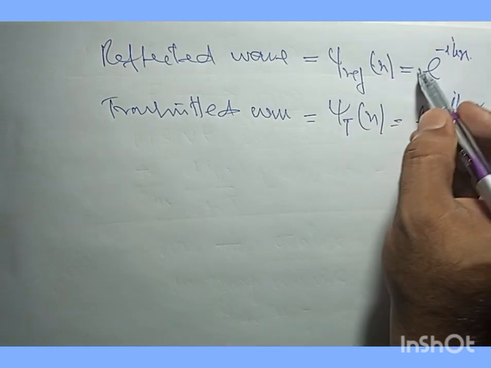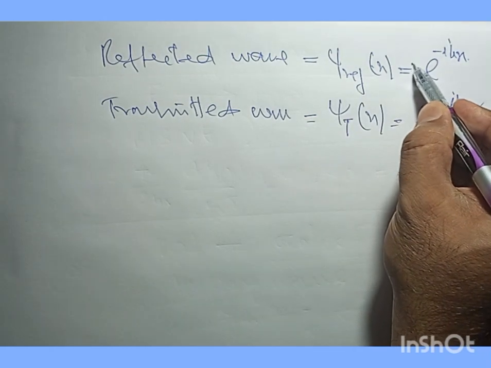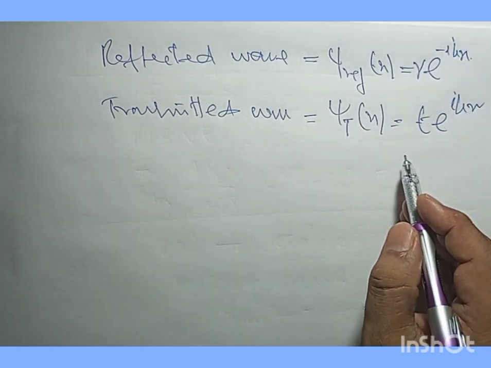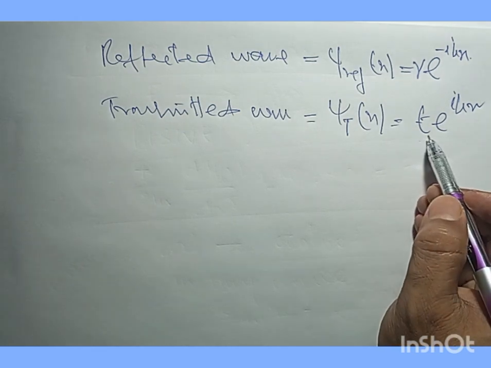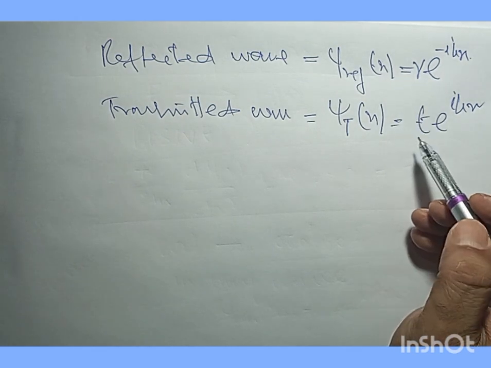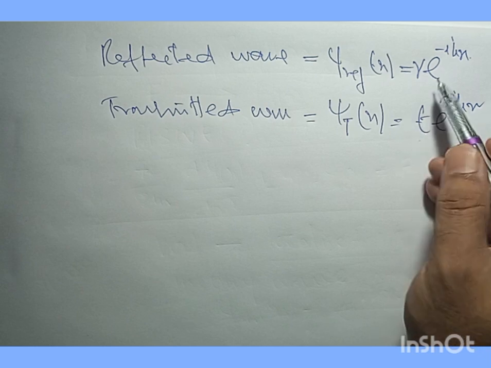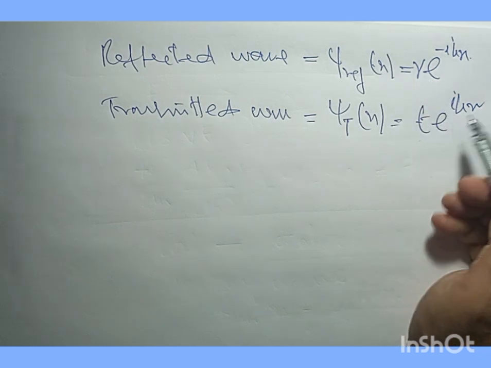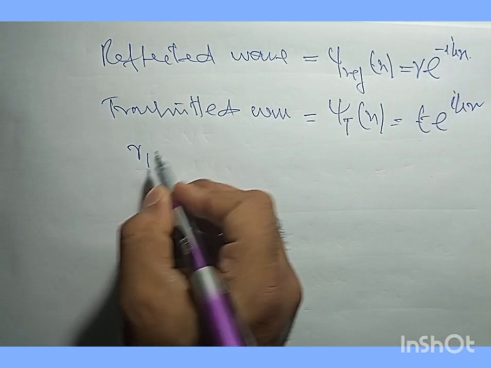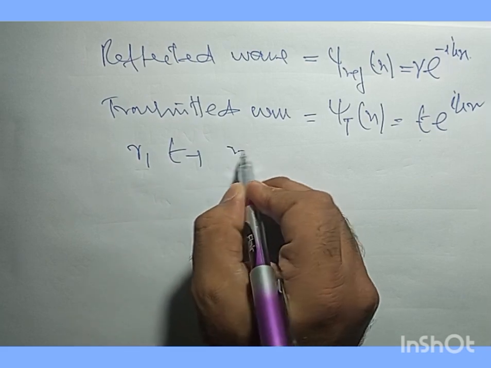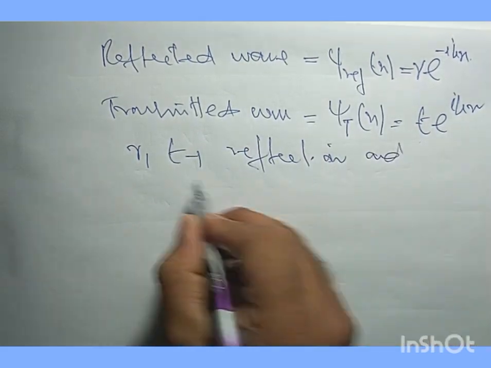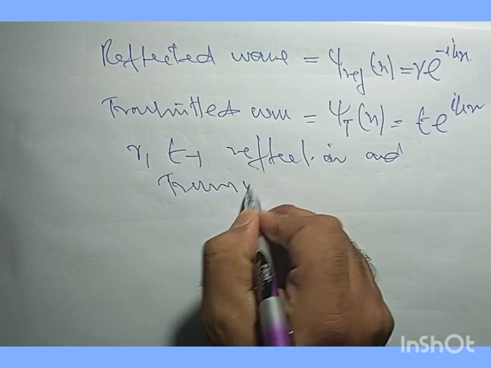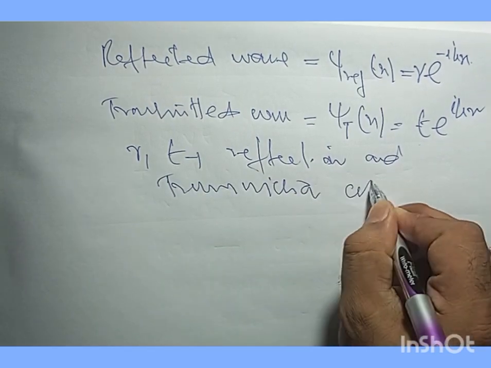For reflection I would use a constant, say r, and for transmission I will use t as a constant. So this r and t are the reflection and transmission coefficients.